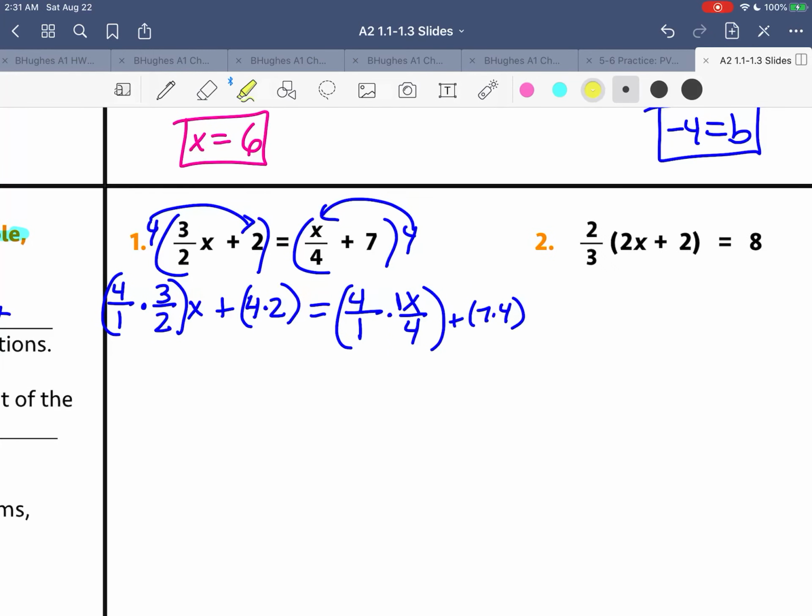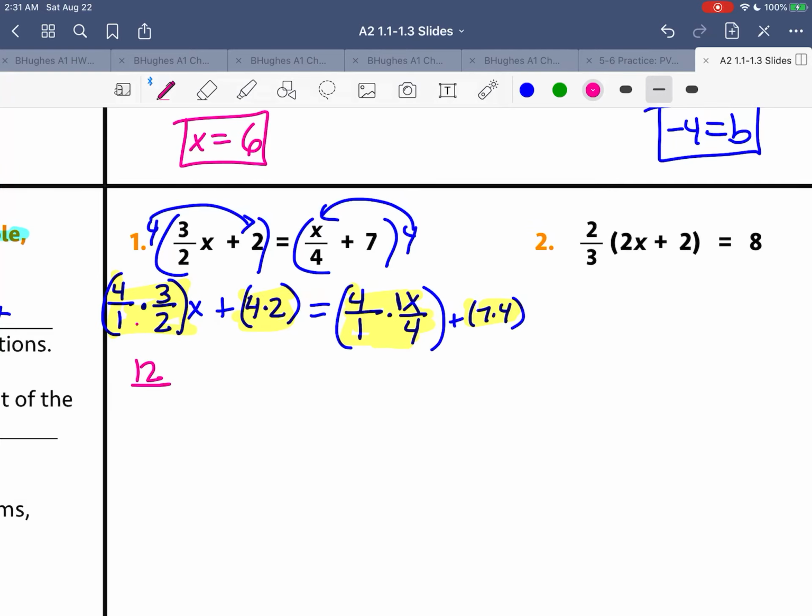Now that looks really complicated, but each one of these is now going to simplify. And when they do, you are going to find that what you have left is an equation without fractions, which is what we want. So how does that happen?